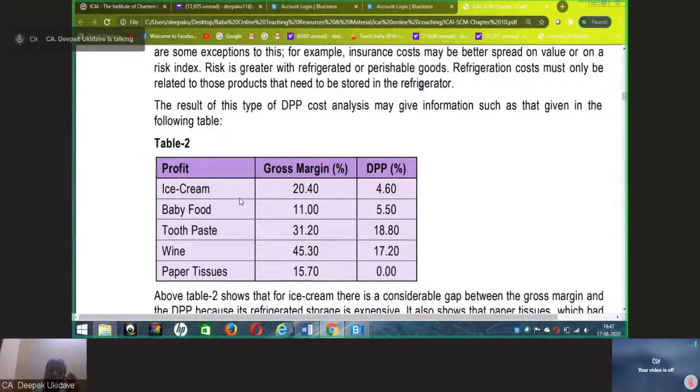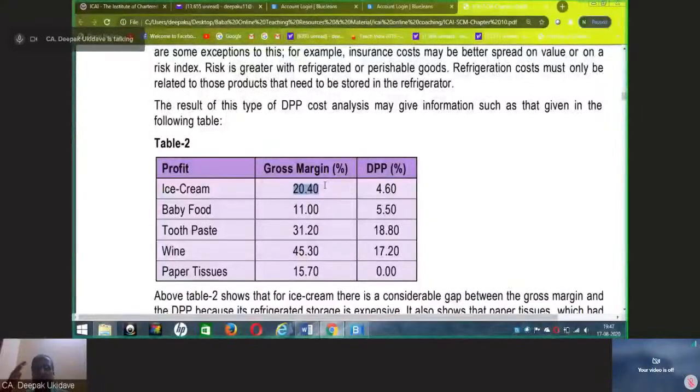Obviously, that particular dealer is under impression that ice cream is giving him a gross profit margin of 20.40%. But if you look at the direct product profitability analysis, ice cream is giving a DPP of only 4.60%. Now look at this drastic difference between the gross margin and DPP.